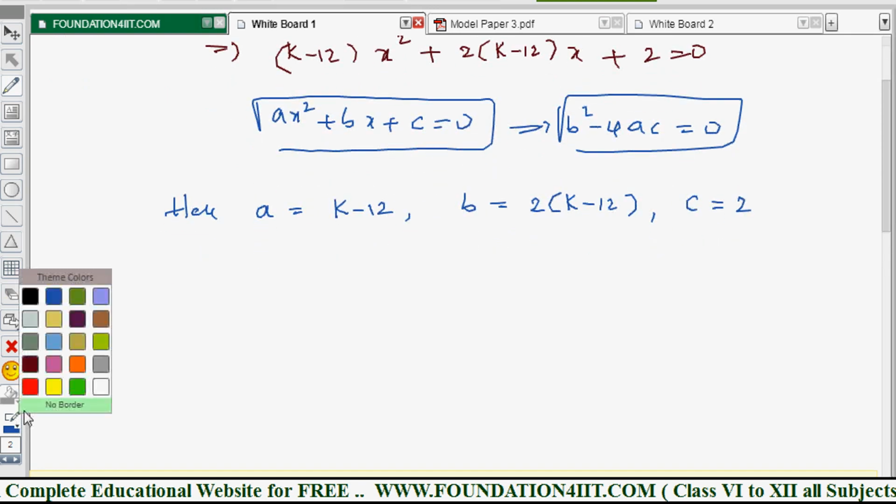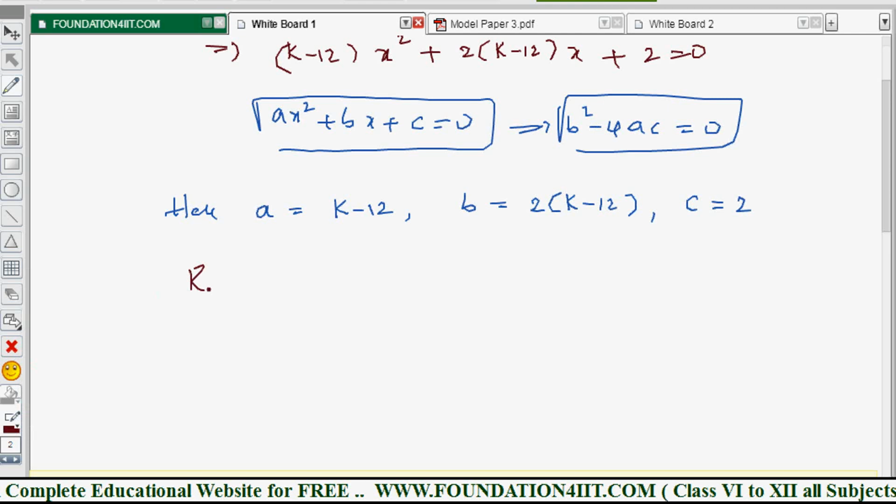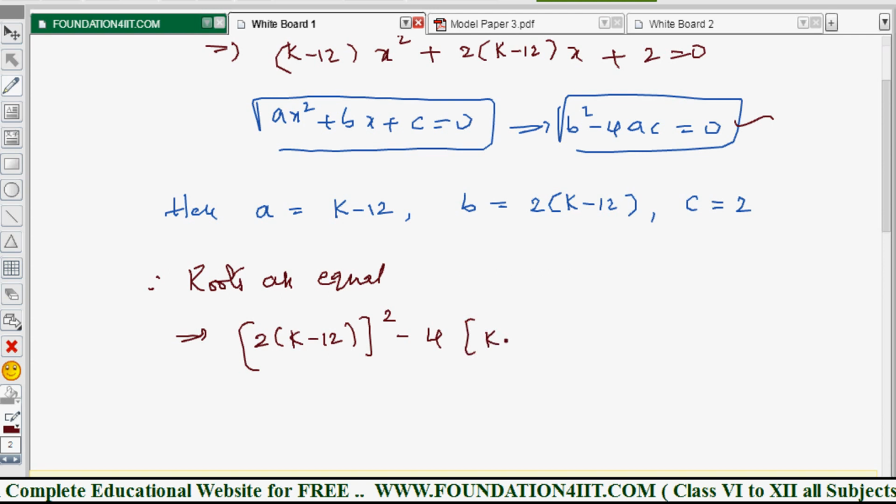Because roots are equal, we can take the formula b square minus 4ac is equal to 0. Then b square, so (2 into (k minus 12)) square, minus 4 into a, which is k minus 12, into c, which is 2, that is equal to 0.